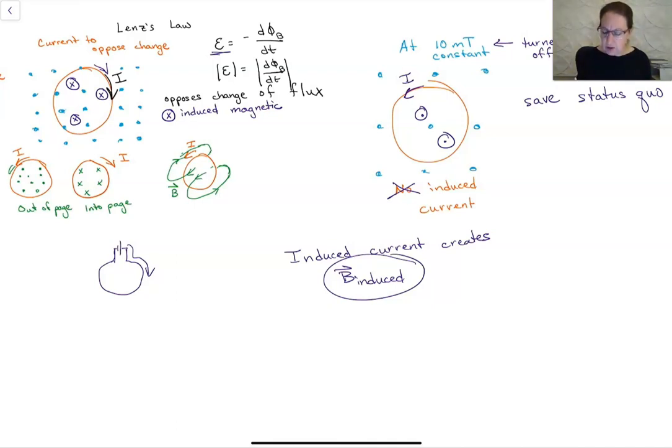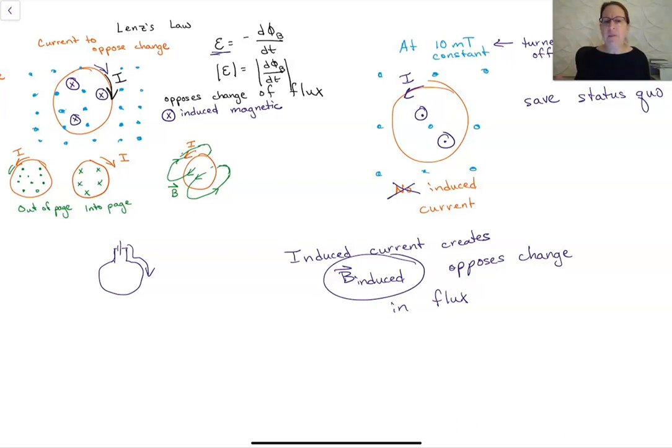So the induced current creates an induced magnetic field that opposes the change in the flux. So if we're seeing a flux that has a bigger magnetic field, say out of the page, then it says, wait, I've got to create a magnetic field that's into the page to balance it out.